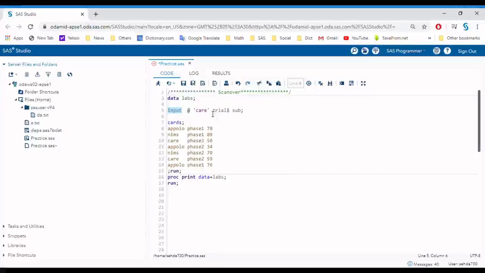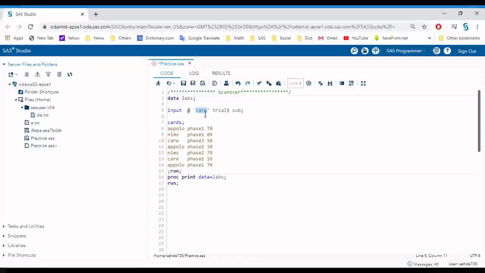And how do we use that? We use it with the at-the-rate symbol, and then we tell it to do the filtration based on what. Let's say these are the observations: Apollo, phase 1, A78 and the names. What we are asking here is to filter based on this word care. And remember, this is case sensitive.